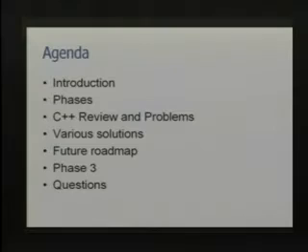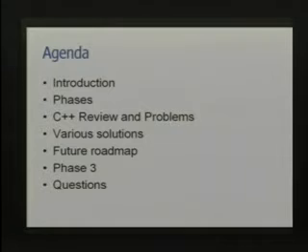So this is a little bit about what I'm going to cover. I'm going to cover what I call the different phases and what needs to happen to bring reverse engineering to the next level. Right now, there's a lot of holes and things that are missing to make it a complete process, and a lot of things that could be done better. Then I'm going to cover some review on C++ and the specific problems that, as a reverse engineer, we face that makes things a lot more difficult.